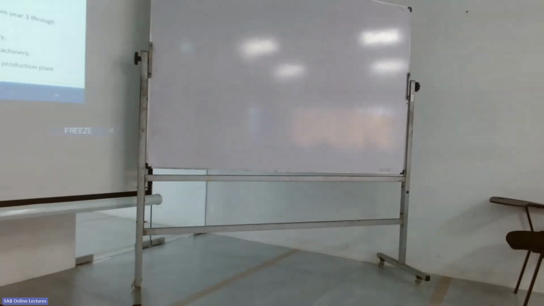So after-tax cash flow in year 1 is 1.5 million, but it is increasing by 5% per annum throughout the life. Thereafter, it will go further by 5% per annum during the remaining life of the machine. So you have to increase it by 5%.